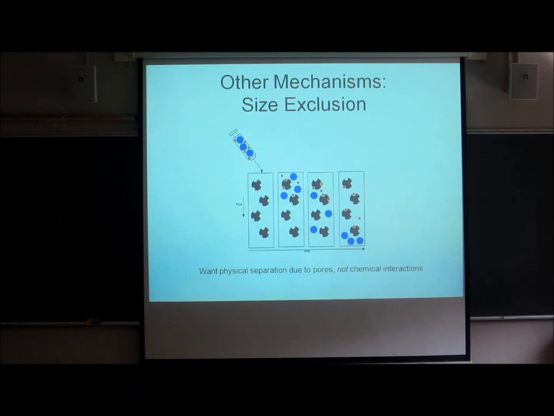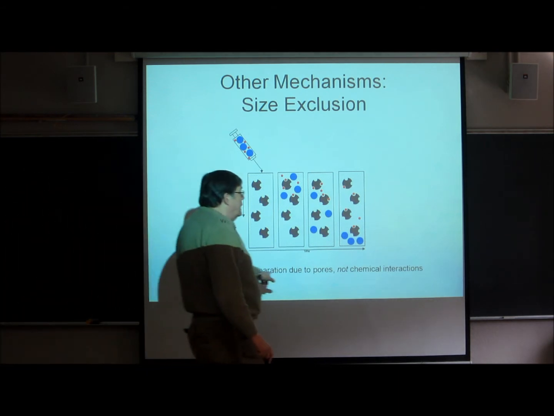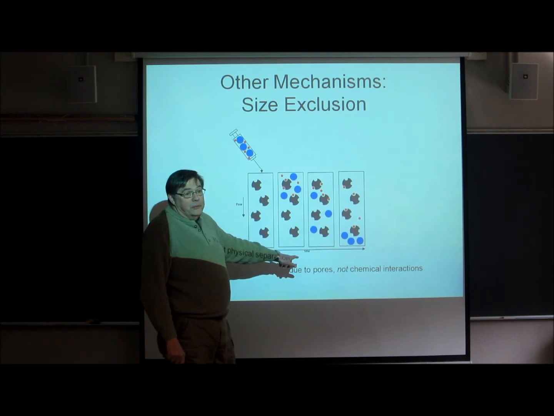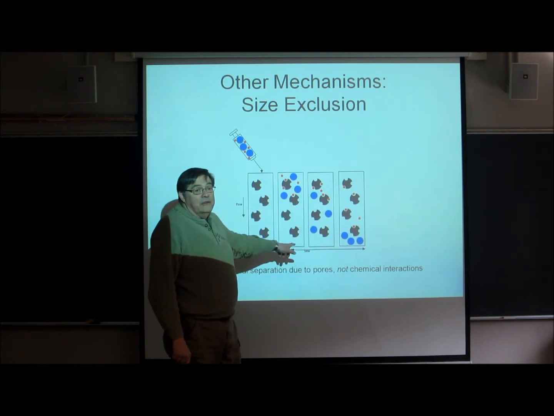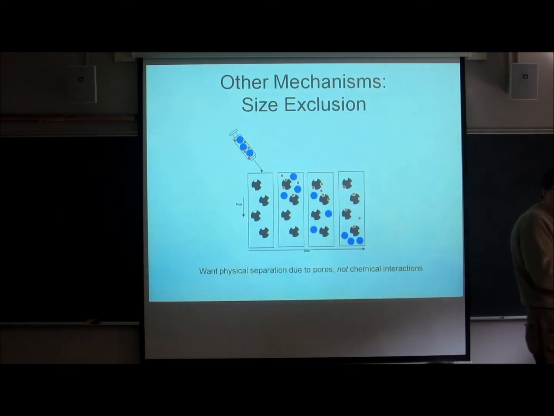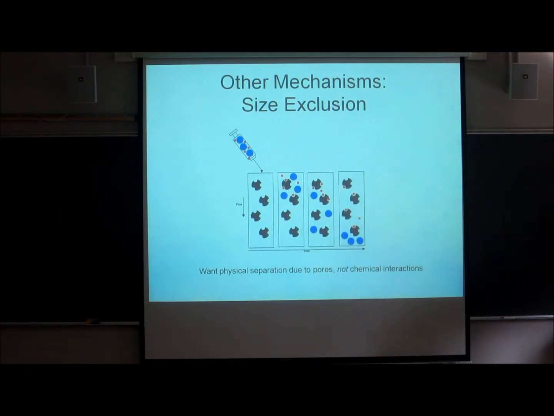Depending on the stationary phase material you have and how big the pores are and how their distribution is. Okay, you don't want chemical interactions necessarily because they can mess things up in the order. So you want this to be kind of inert, and you want the universe to play with the diffusion in and out of the pores.